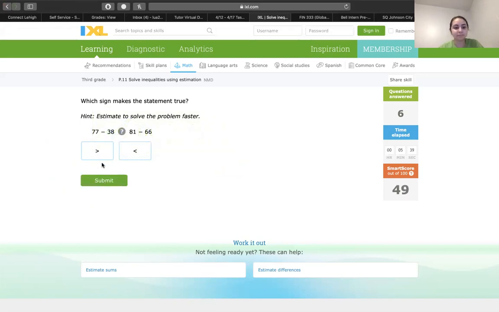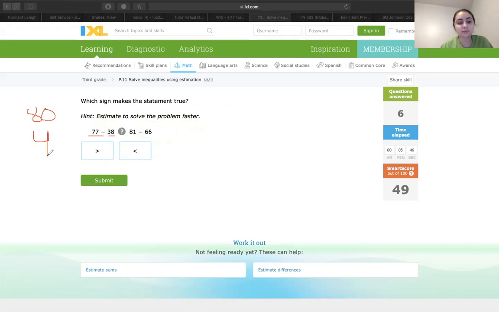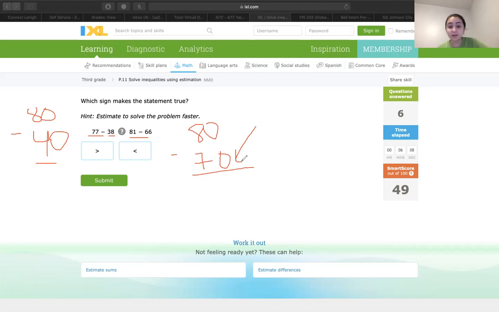Okay. This is close to 80. This is close to 40. We subtract. This is close to 80, and the other one is close to 70. We're subtracting, right? So let's look at this. This one you're subtracting 40, and this one you're subtracting 70. And this one you're subtracting a lot more than you're subtracting here, right?